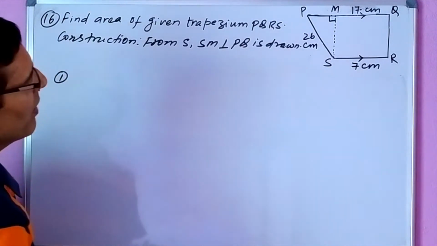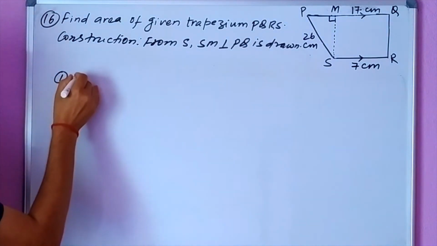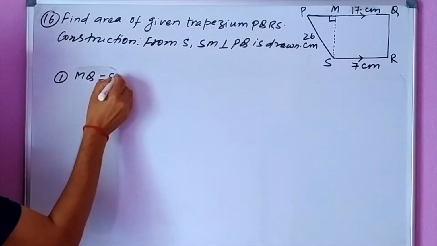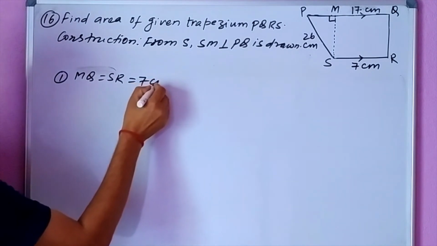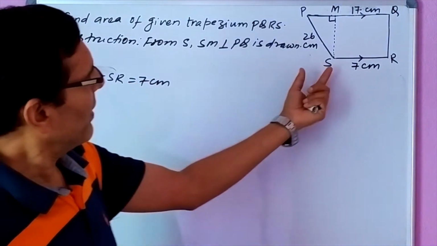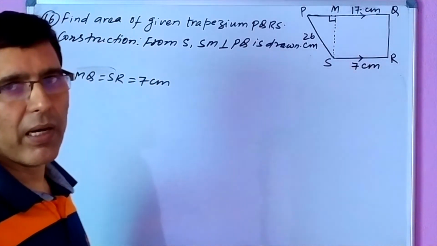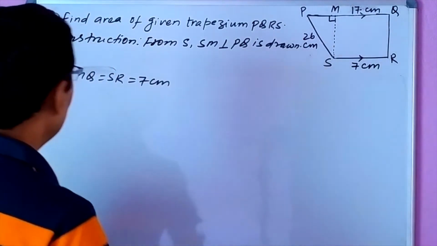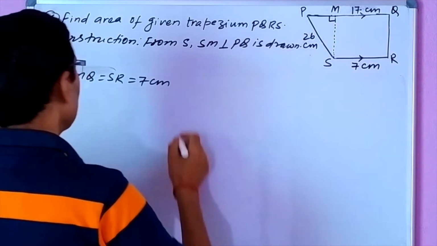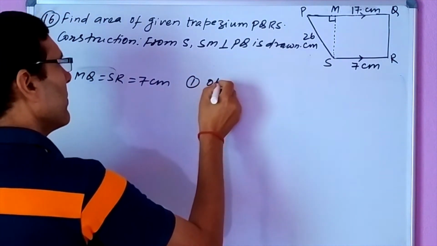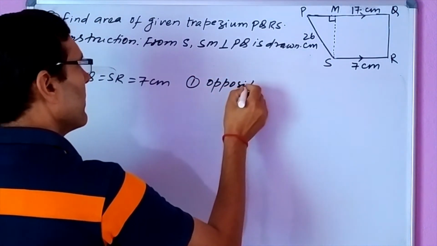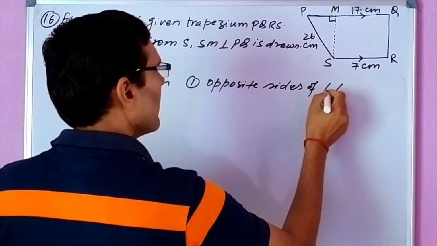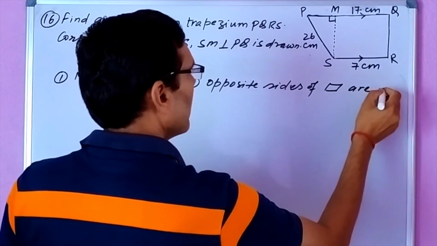So here number one, MQ is equal to SR, because this figure SRQM is a parallelogram, either rectangle or square, it is a parallelogram, and opposite sides of a parallelogram are equal.